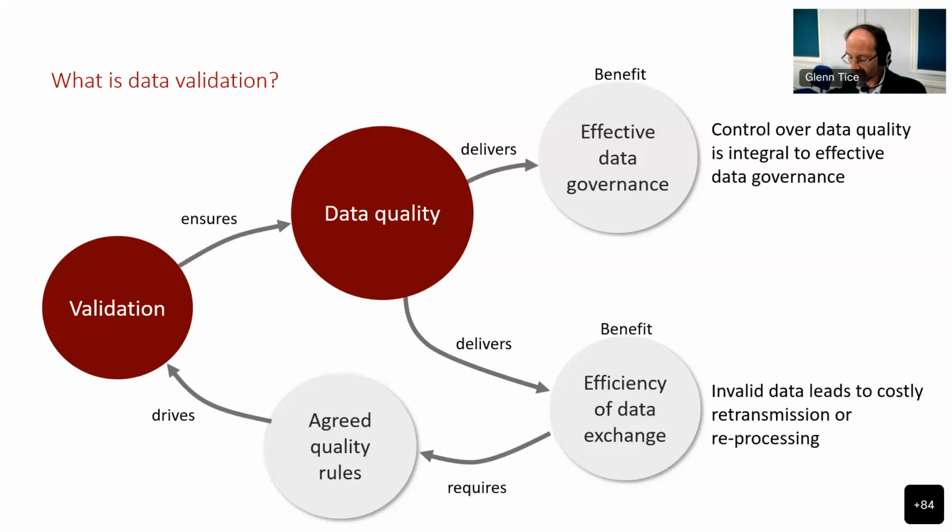Now, we judge data quality using a set of rules that the data must comply with. And FMR actually has two roles in this respect. The first role is to help us define those rules. So we'll see how we can do that a little bit later. And the second is to actually execute those rules.